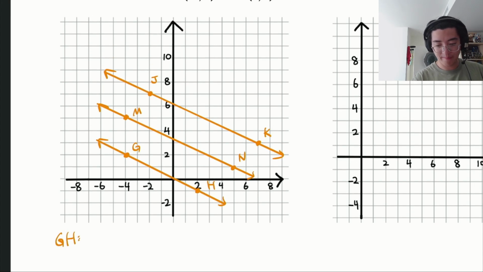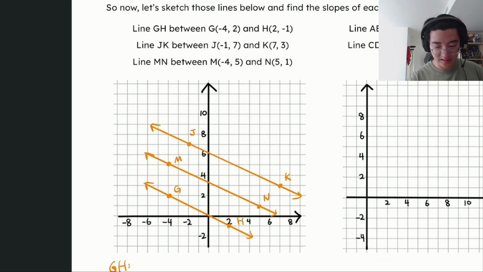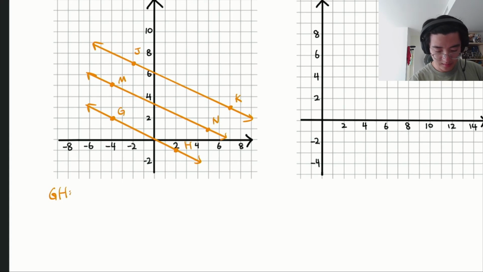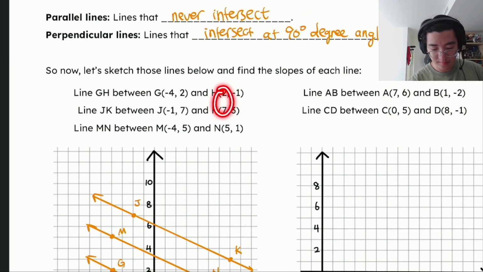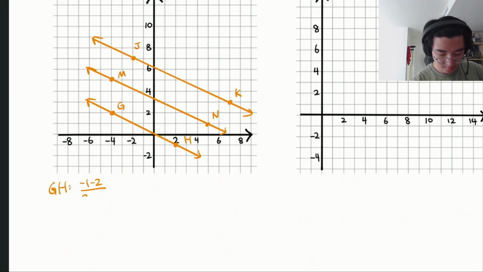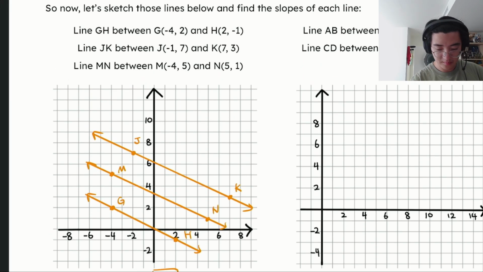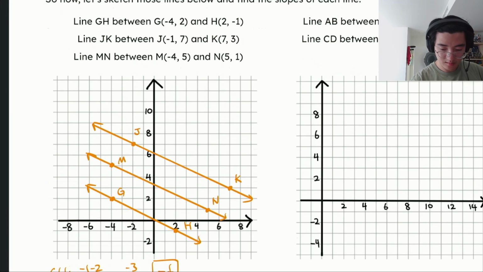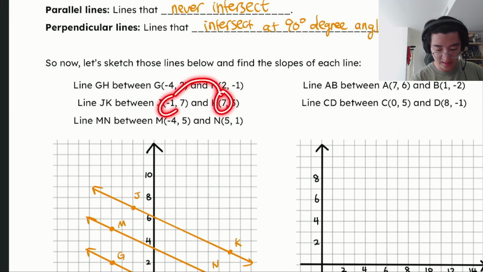Slopes of GH, good practice for the slopes here, right? GH is changing y: negative 1 minus 2, over 2 minus negative 4, which is just negative 3 over 6, which is negative 1 over 2. And then we look at line JK, 3 minus 7, and then 7 minus negative 1.